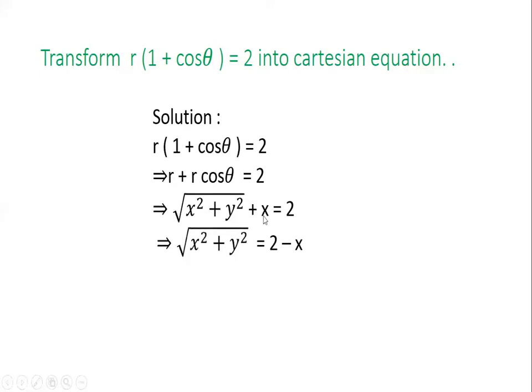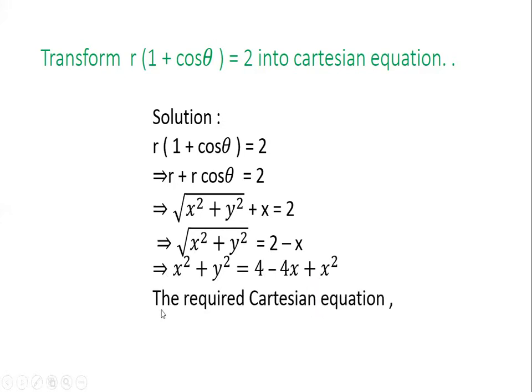If we change the position, then we get root over x square plus y square equal to 2 minus x. If we square on both sides, then we get x square plus y square equal to 4 minus 4x plus x square. The required Cartesian equation: y square equal to 4 minus 4x.